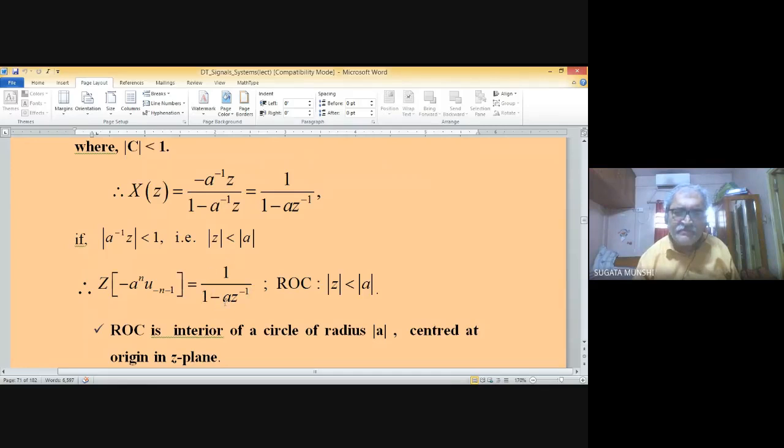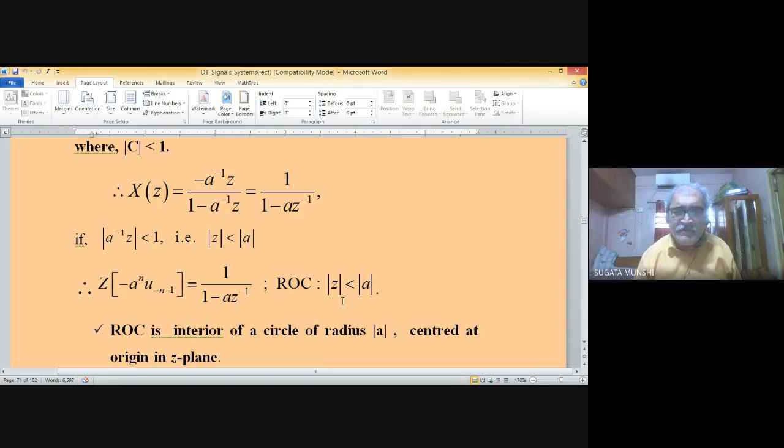But the ROCs are different. The Z transforms differ only in the region of convergence. In the earlier case, it was magnitude of z greater than magnitude of a.